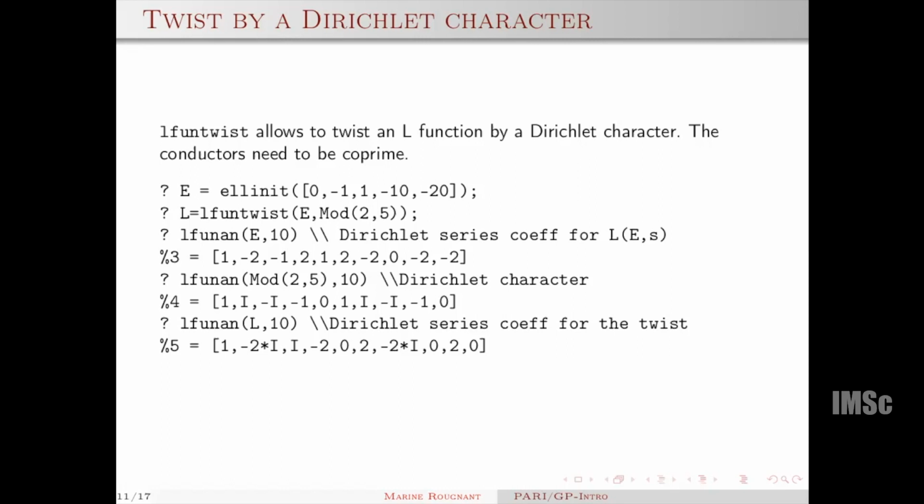Here are the first coefficients for the L function attached to E. Here are the first coefficients of the L function of this Dirichlet character. And here are the 10 first coefficients of my twist. You can see that these coefficients are the product of these two ones.